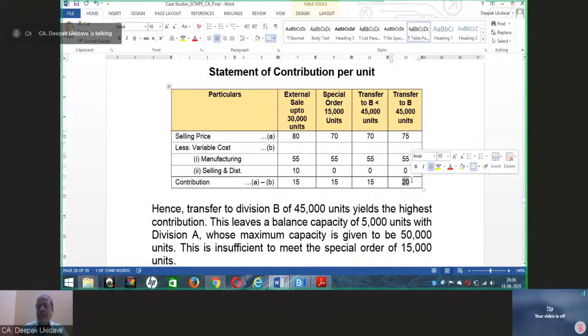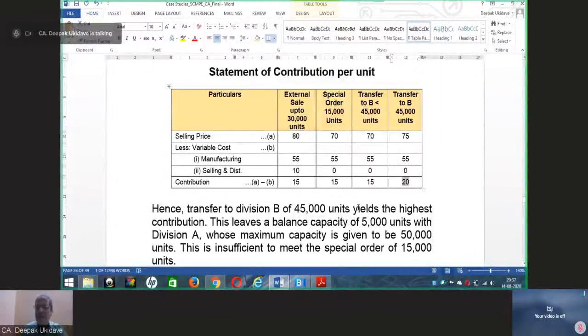You are ready to pay. Division B is ready to pay the full 75 rupees at 45,000 units. Extra, right? But he will pay only 70 rupees if less than 45,000 is transferred, obviously, right? And therefore, more contribution will be earned if the entire quantity is supplied to division B. Hence, transfer to division B of 45,000 units yields the highest contribution.